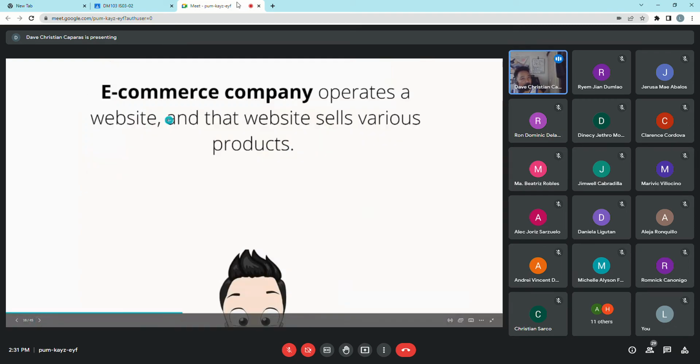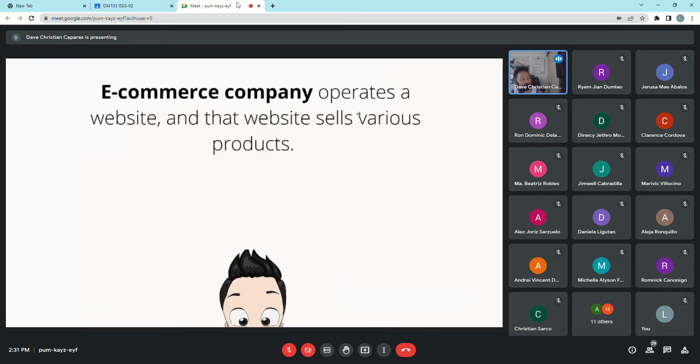So, e-commerce company operates a website and then website stars. Alam niyo naman ito. Yun nga lang, e-commerce company is no longer limited on websites. No? Actually, you can put up your own e-commerce business through Facebook, even other social media platforms, and even through software applications or mobile applications, sorry.